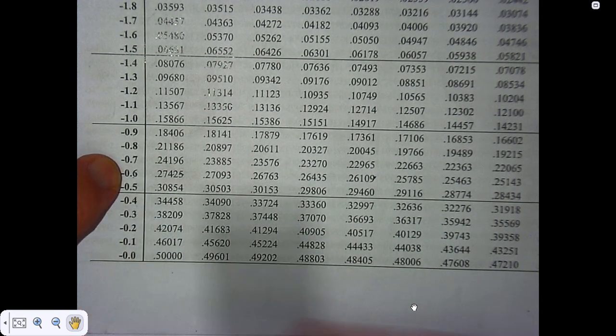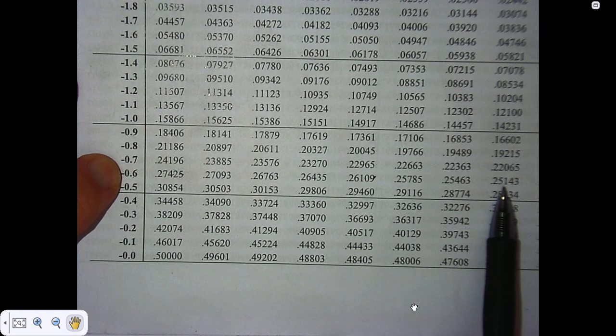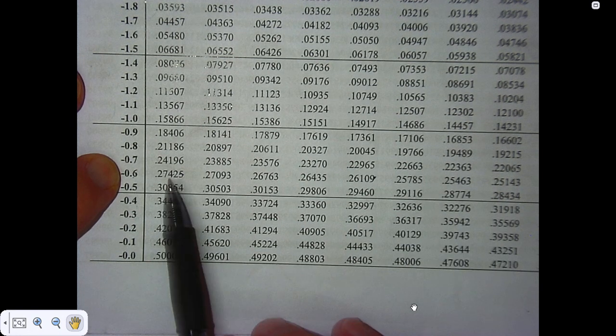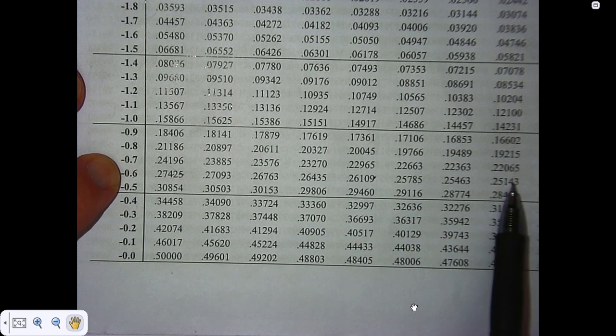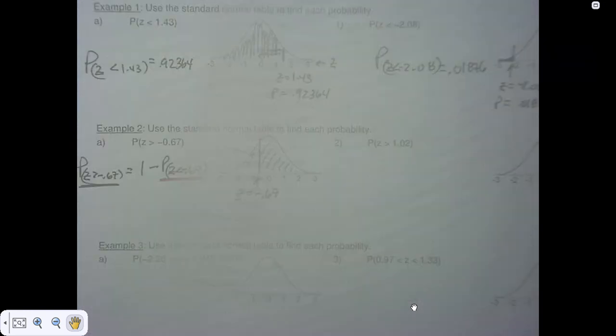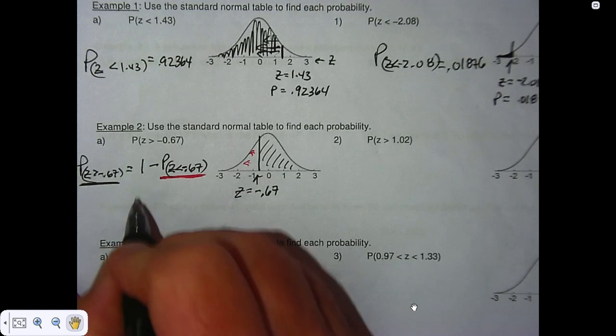Then I have to go over to 7. I believe that is 0.25143. This is 0, 1, 2, 3, 4, 5, 6, 7. Yep. And on the table, you can see it above, 0.25143.